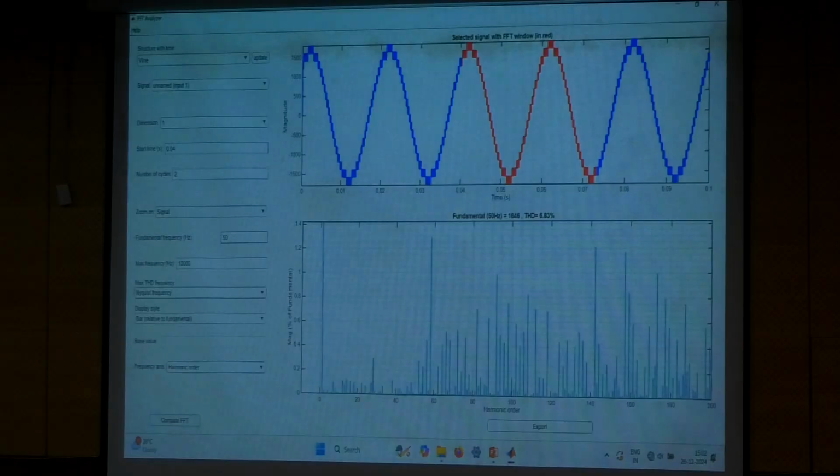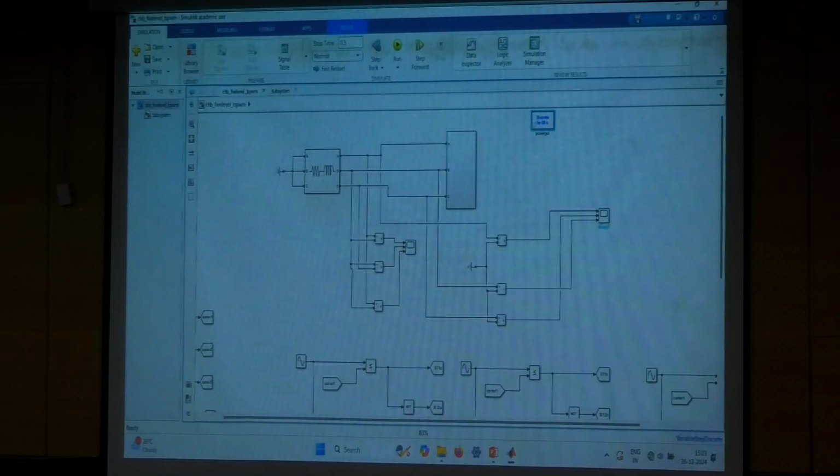I think this is giving some other waveform, right? And there is another waveform. This is not the one. There is another one already stored.